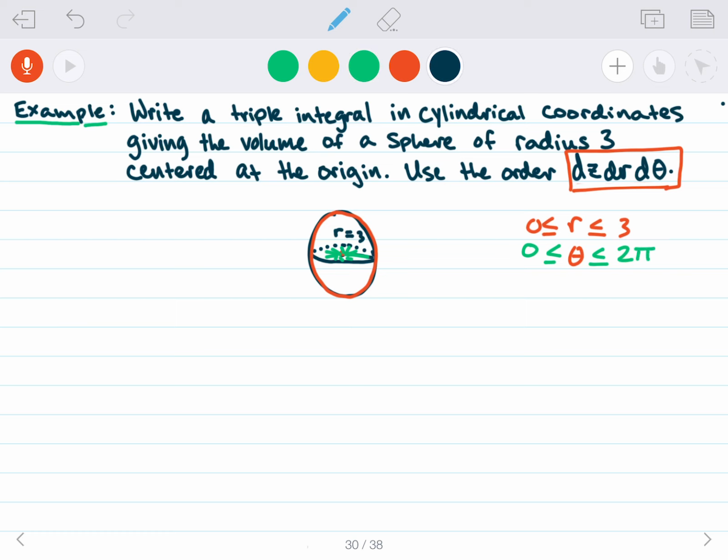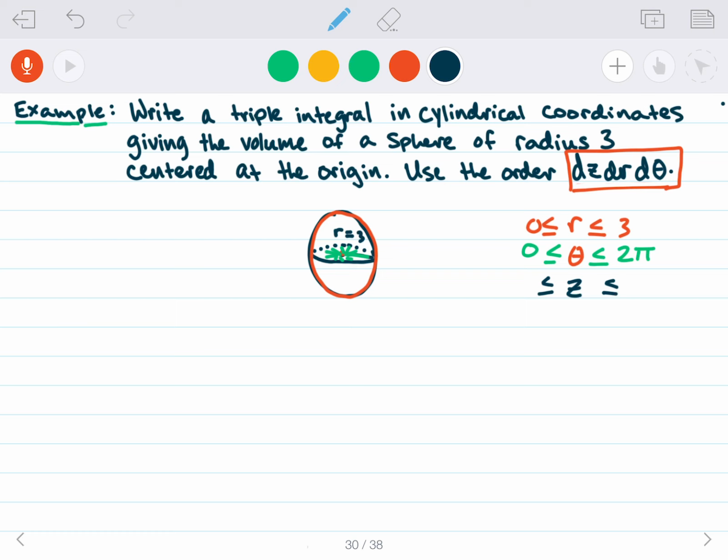And z, our height, is going to depend on a given radius. A point in our set, the set being the sphere, has a height that depends on the radius. So z is going to be between something and something, but it depends on what the radius is.